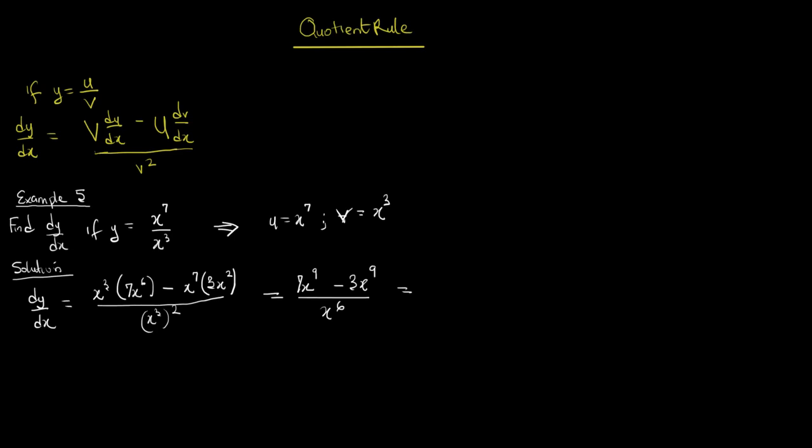If we subtract these two, they're like terms, so we get 4x raised to power 9 divided by x raised to power 6. This is the same thing as 4x raised to power 9 minus 6, which gives us 4x raised to power 3. If we apply the quotient rule, that's what we get.